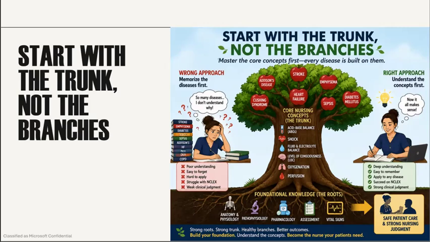Those all fall into other key concepts in patient care. Once you truly understand these concepts, diseases like stroke, heart failure, COPD, diabetes, and sepsis become much easier to understand because they're all built on the same foundation. Don't study hundreds of diseases separately. Master the concepts first, and you'll develop the clinical judgment needed for the NCLEX and patient safety.